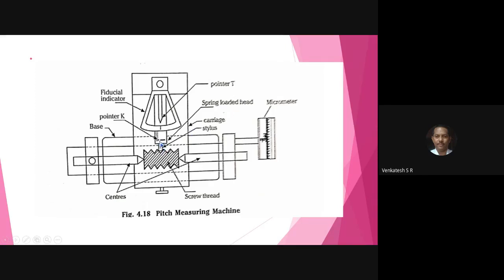You can pull the spring loaded stylus head backward, place it on the external thread, and that will give you the pitch of the thread in the micrometer. You can read the pitch of the thread in the micrometer.